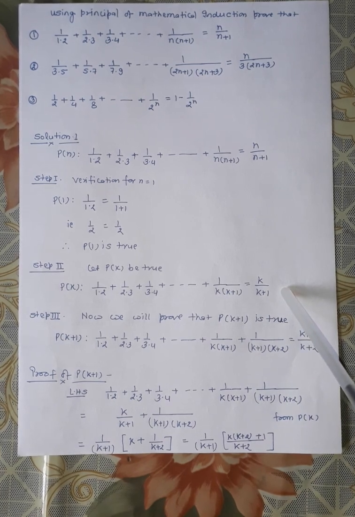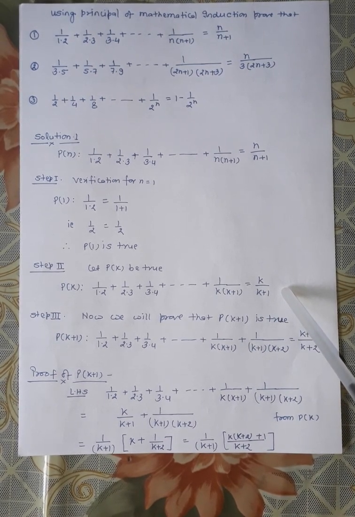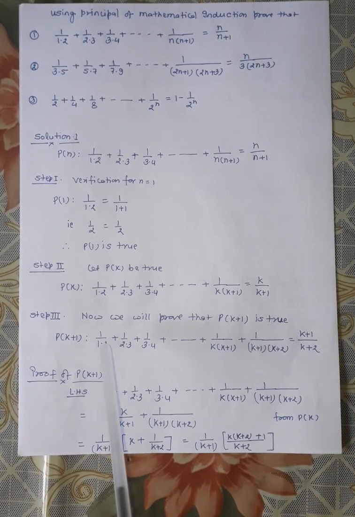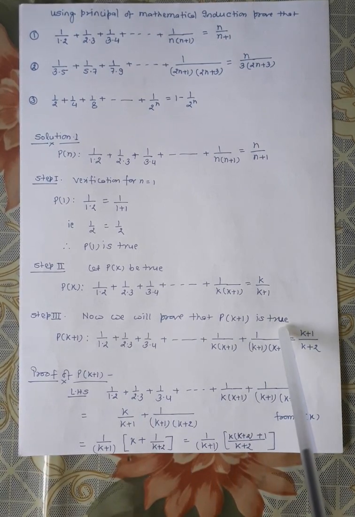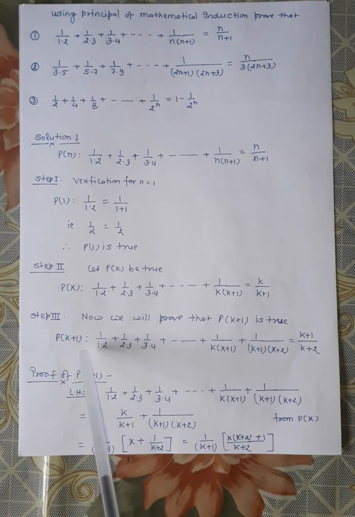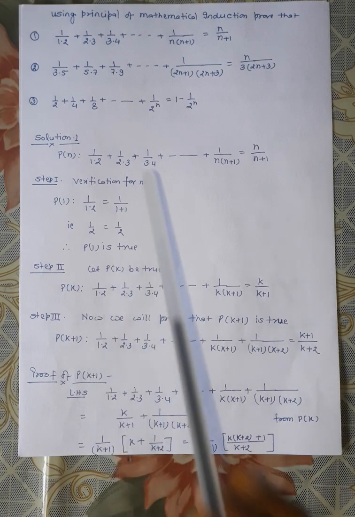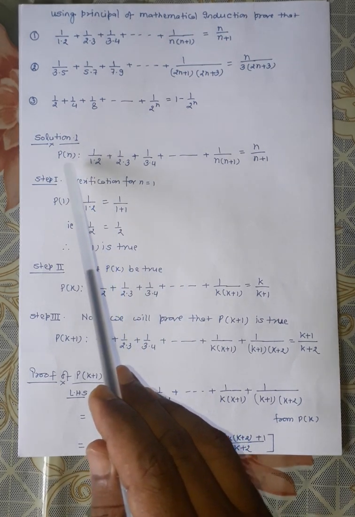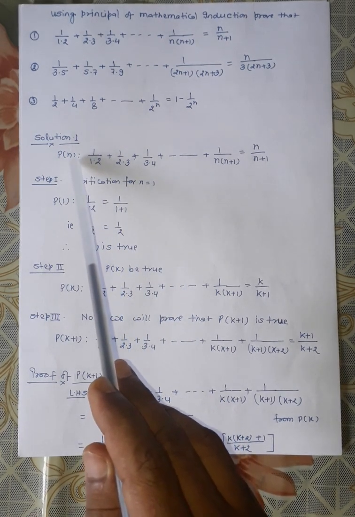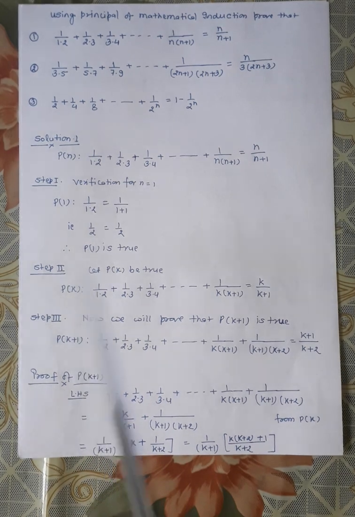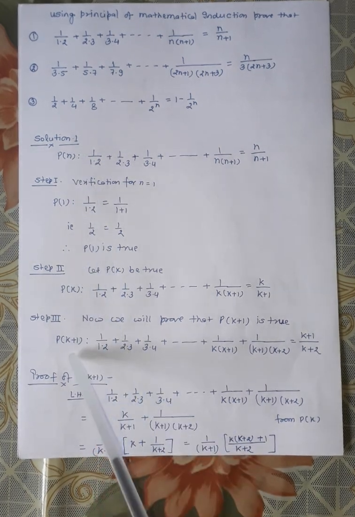As you know, the third step is related to proving Pk plus 1. So I have written here, now we will prove that Pk plus 1 is true. What is our Pk plus 1? As I told you in my previous lecture, in Pn you put k plus 1 in place of n.